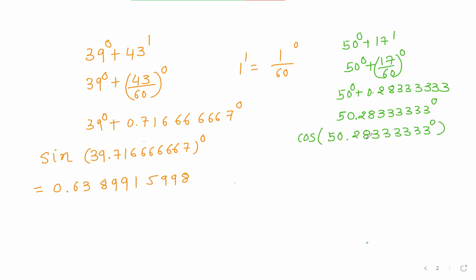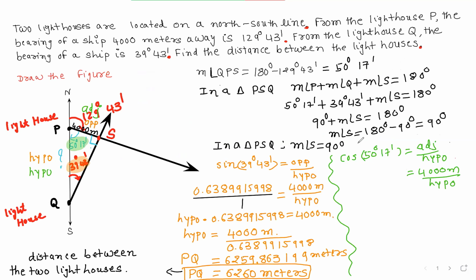Cosine 50.283333 degrees will be exactly the same as this particular value. Why? Because these two are cofunctions. When you add them up, the total will be 90 degrees. So now this value is exactly the same as this. Again, you cross multiply, writing 1 underneath the fraction, and then cross multiply. You get the exact same steps, and then you solve for it, and you get 6,260 meters, which is the distance between these two lighthouses.